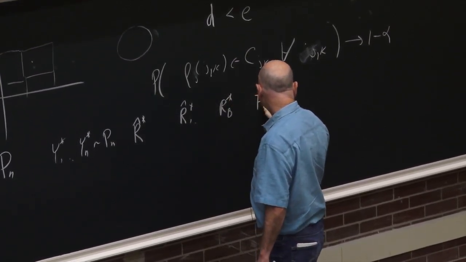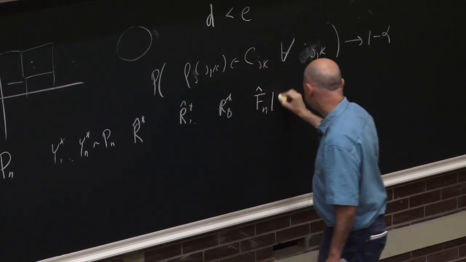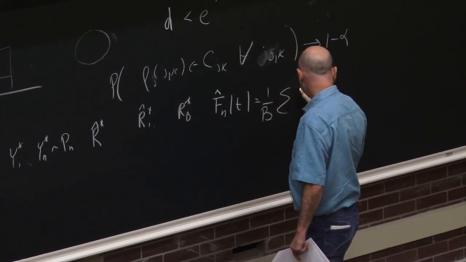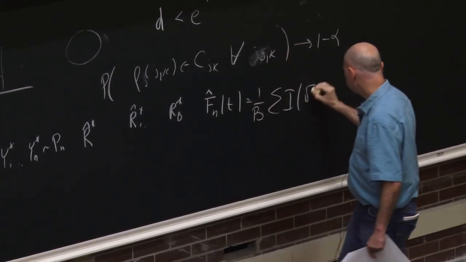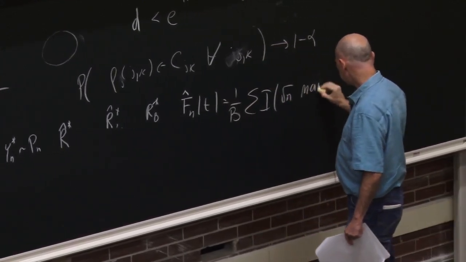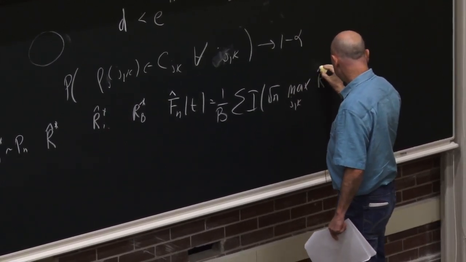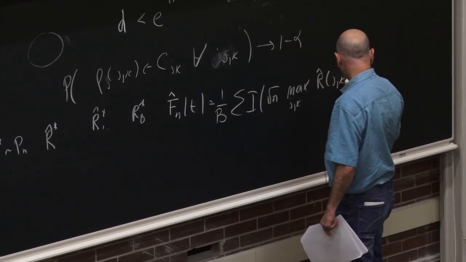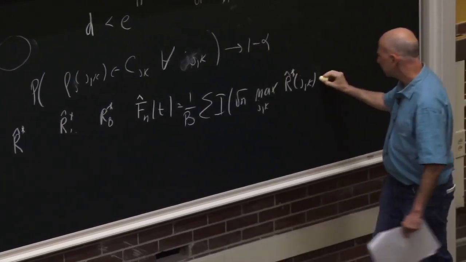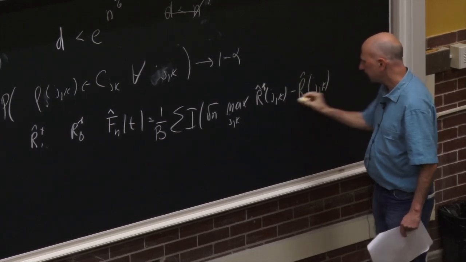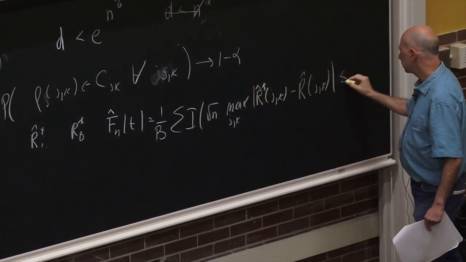And then we estimate fn with fn hat, which is just how often in the bootstrap sampling this compared to this ends up being less than t.